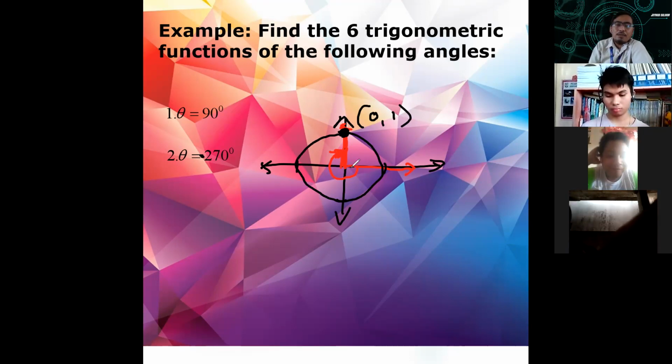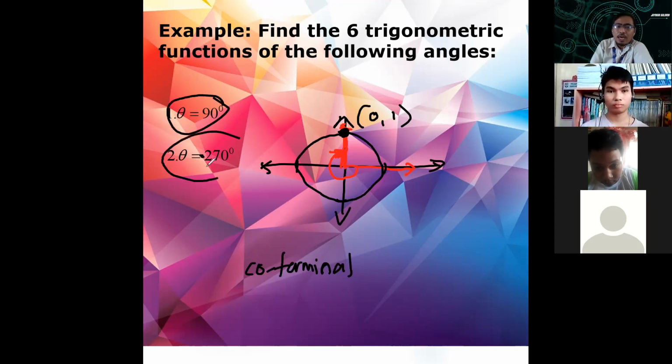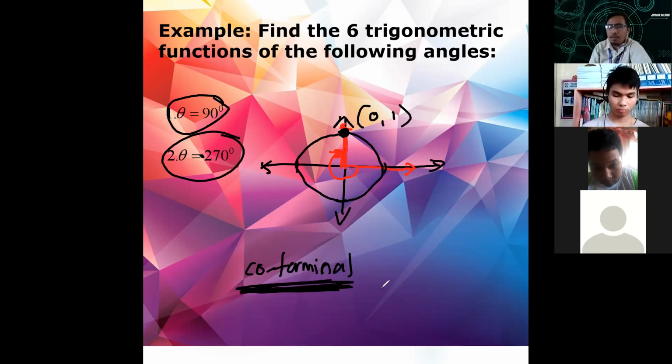Okay? If their terminal ray will fall in the same position, then they are called coterminal. Just like 90 and negative 270 degrees are called coterminal. Coterminal angles are angles having the same 6 trigonometric functions.